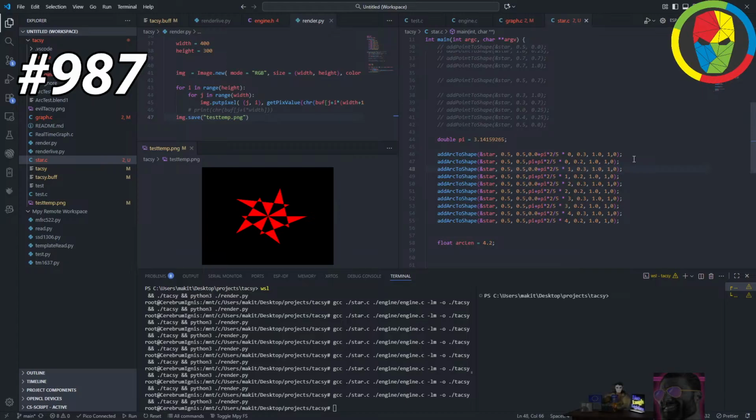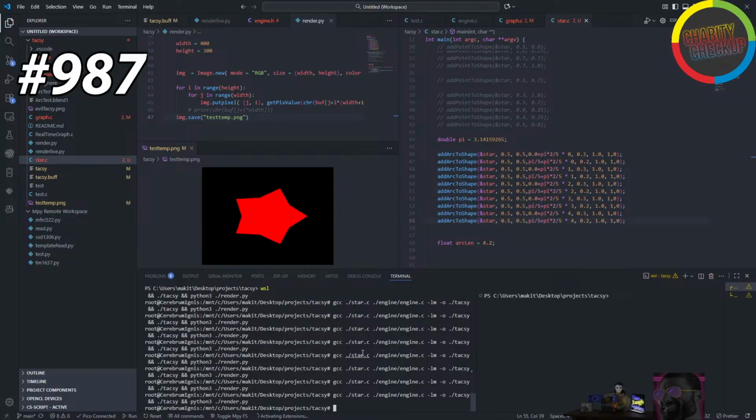I think 1/2 of 1/5, which means pi divided by 5. I think so. Oh, I am incredible. Look at that. Come on. Incredible. Now I can increase the radius right here.